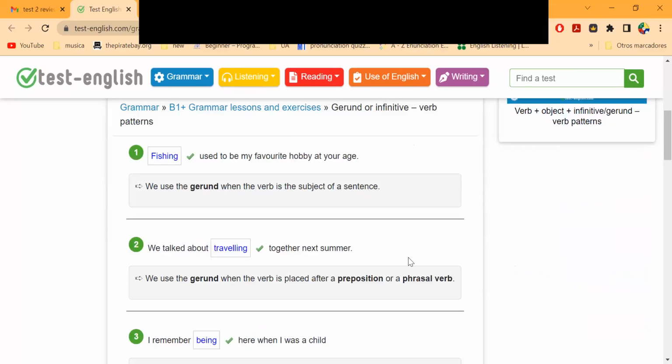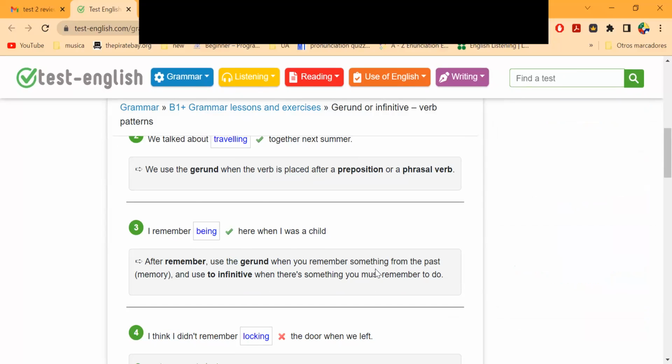Okay, we have one which is wrong and it's connected with remember. So what is the first use of remember? Here, I remember being here when I was a child. Recuerdo haber estado acá cuando era niño. We use gerund, el ing, when you remember something from the past, a memory, okay?